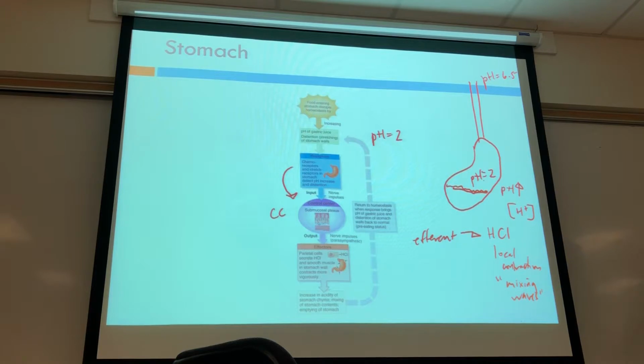So the rise in pH results in the lowering of the pH back to a pH of 2. What happens when we start producing enough hydrochloric acid? Once our pH runs right around 2, that's going to provide negative feedback to prevent the production of gastric juices, hydrochloric acid.